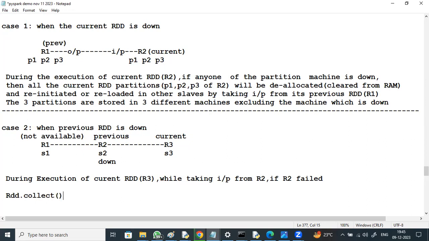All the inbuilt actions and transformations will be applied on the RDD only, not on the partitions. Okay, so once we get the data in a Python data frame, then we can query, right? On the data frame, you can perform querying.